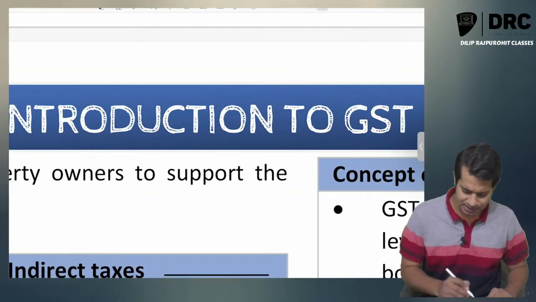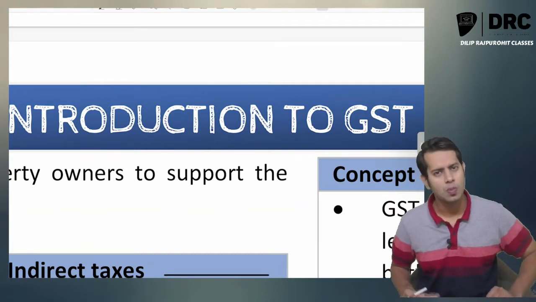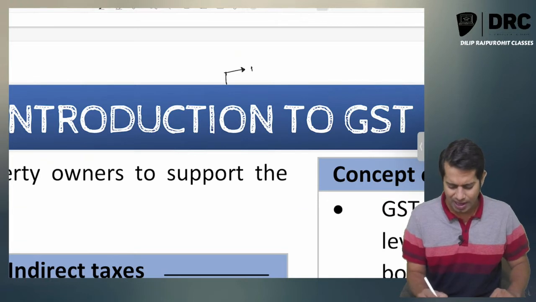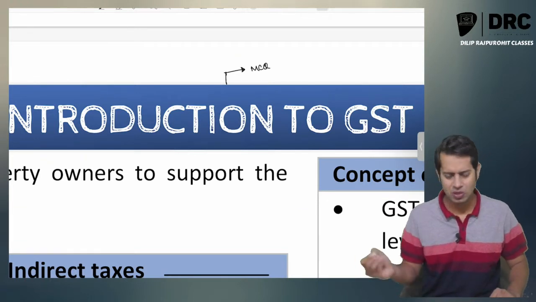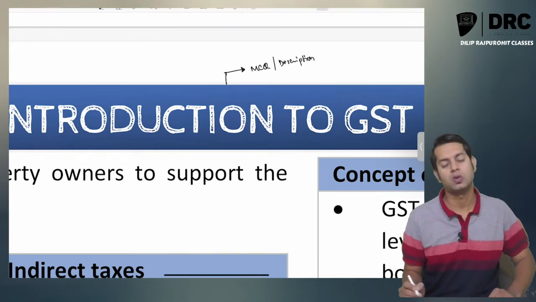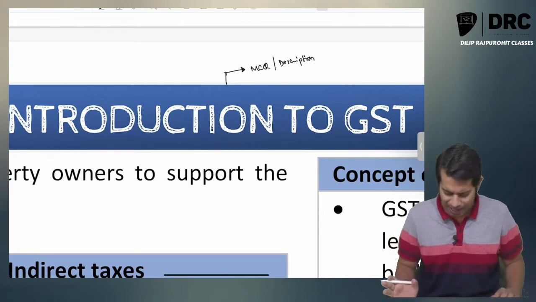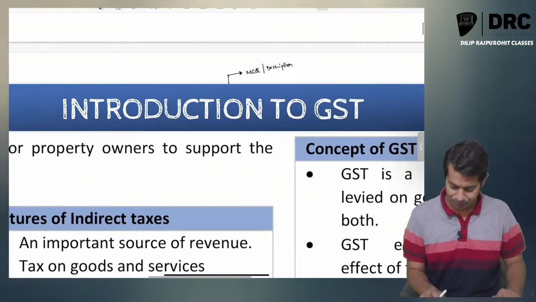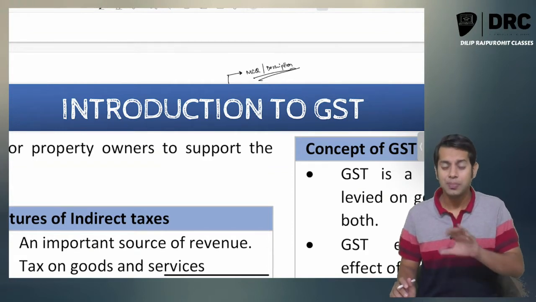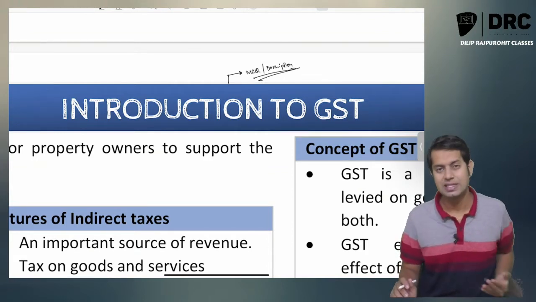If you talk about the importance of this topic from your examination point of view, normally they will ask MCQ based questions from this particular topic, or they may ask a descriptive question, meaning a theory question. They had asked it in the previous examination also.